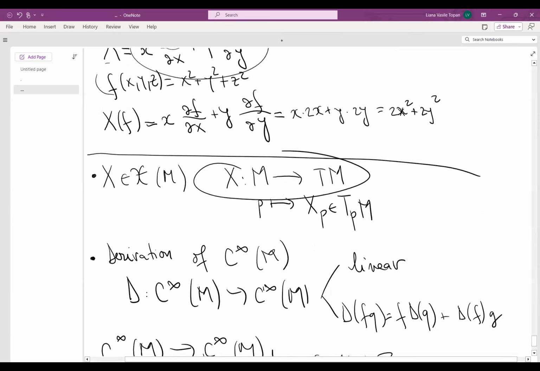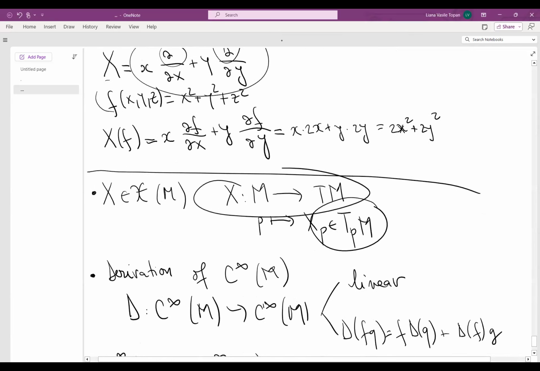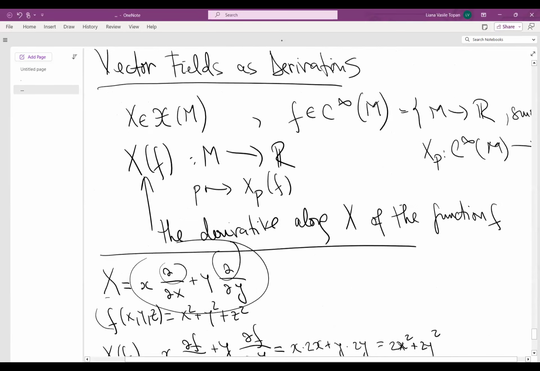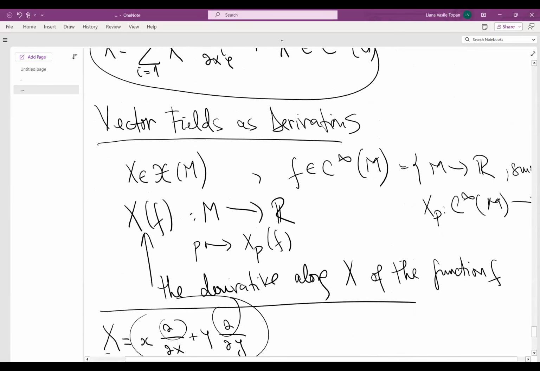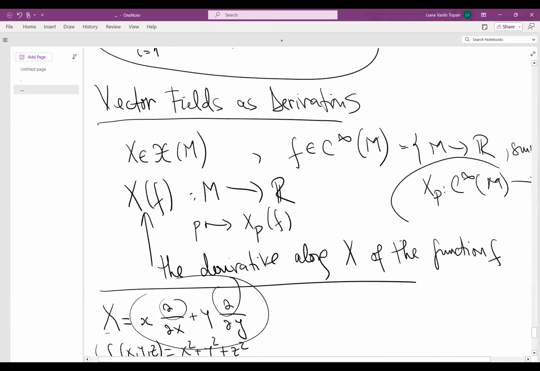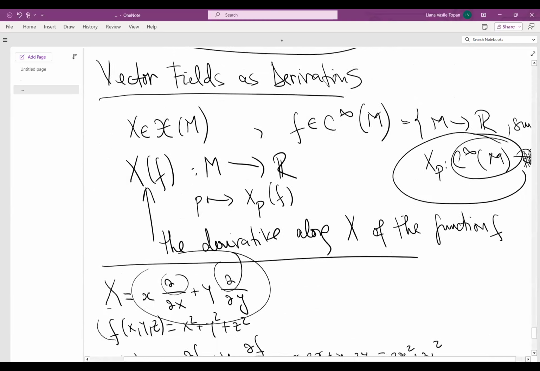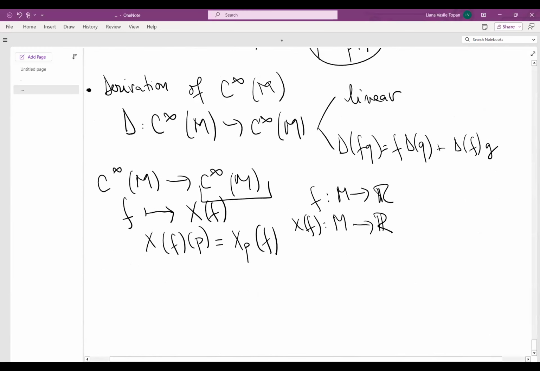Remember that X_P is a tangent vector, so I wrote it somewhere. Yeah, the domain for X_P is the algebra of smooth, real functions defined on M, right? So at least at the level of definition, this is correctly defined. Now we can prove that this map is linear and this map is a derivation.